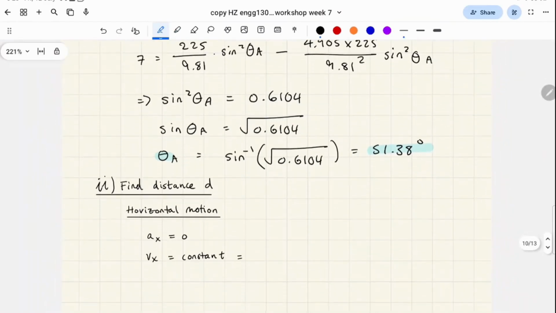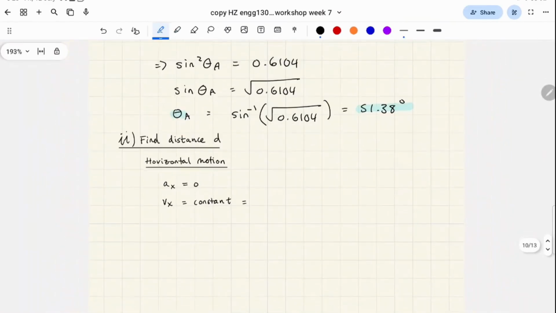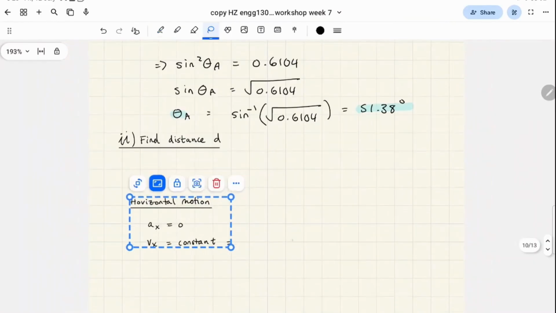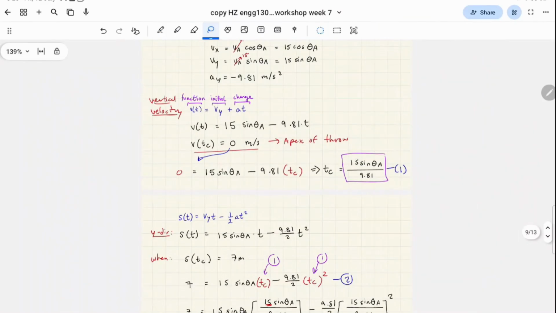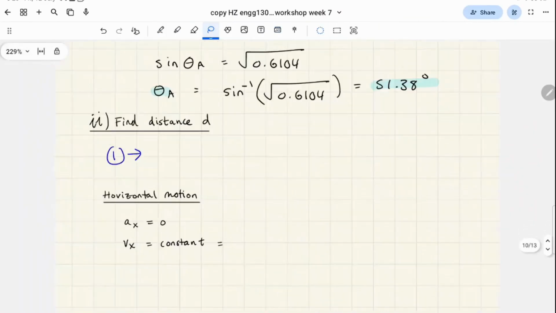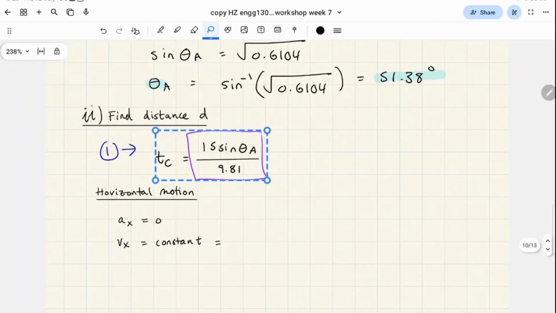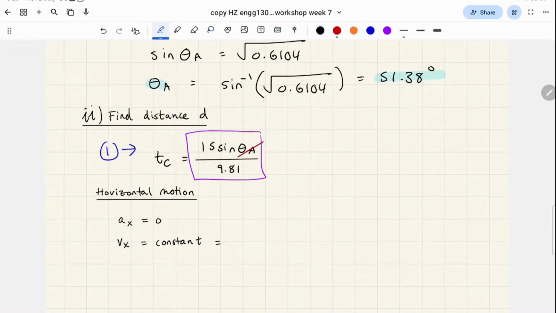Okay, now we can find the horizontal distance d. We can plug back in that equation, which we've called 1. Plug this in, 51.38 degrees, gives us 1.195 seconds.